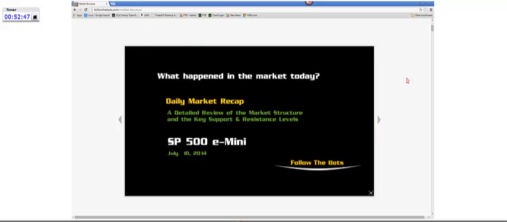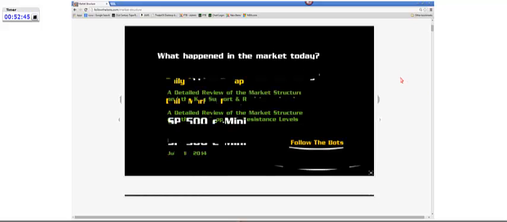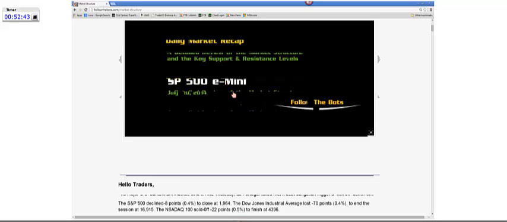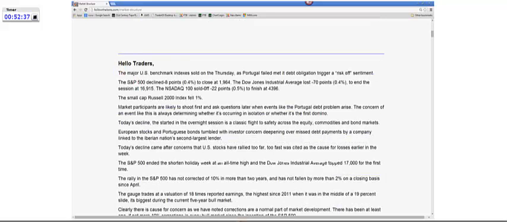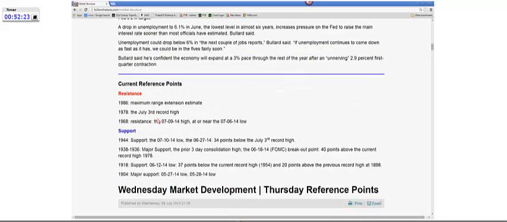And along with the charts that we post, we also provide a textual description of what happened during the session, what we expect to occur during earnings, what's going on with the Federal Reserve. We also list the reference points coming into the next day.